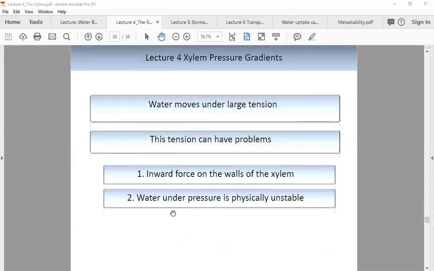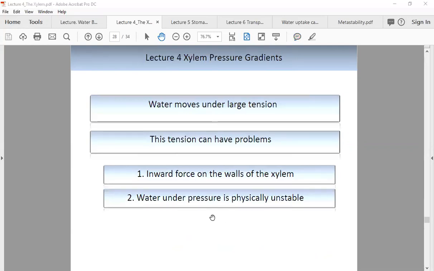The water that you find in the xylem in a plant is said to be in a metastable state. Anyone know what's meant by metastability? I'll just put that word in there for you. Water under that amount of pressure is said to be in a metastable state.